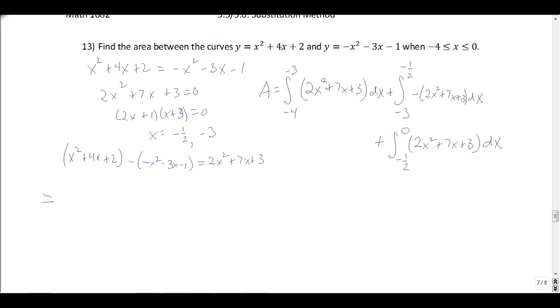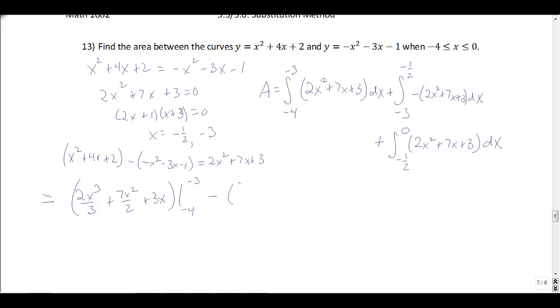So we'll do an antiderivative. My antiderivative, I'm going to get 2x cubed over 3 plus 7x squared over 2 plus 3x. And that'll go from -4 to -3. And then this negative, I'm just going to write as a minus out here.